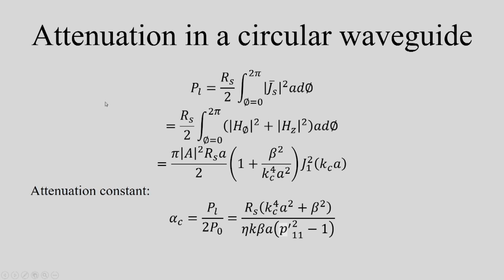So, once we have this expression, for a given frequency and waveguide dimensions, we can find out the attenuation constant alpha c, and for a given length of the waveguide, we can then calculate by how much the power will get attenuated as it travels down the line.